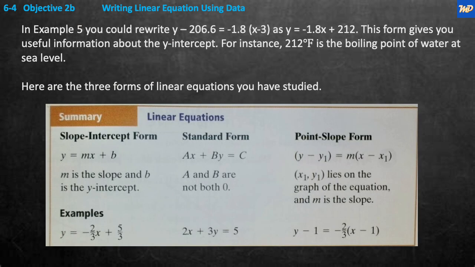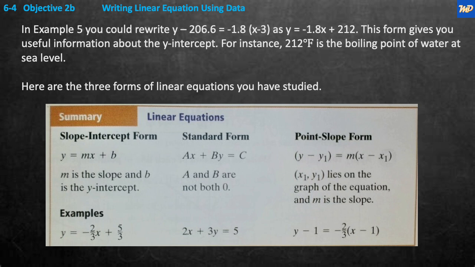Okay, objective 2B, writing linear equations and using data. Here's a little follow-up. We're going to review what we talked about. First, in example 5, you could rewrite y minus 206.6 equals negative 1.8 times x minus 3 in slope-intercept form.